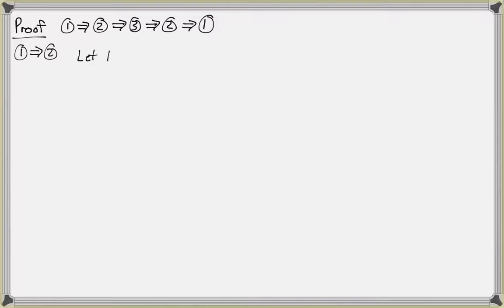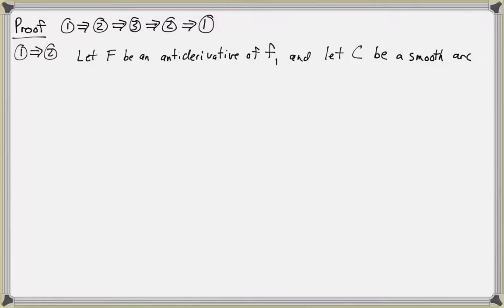So let capital F be an antiderivative of little f, and let C be a smooth arc from z1 to z2, lying entirely in D.